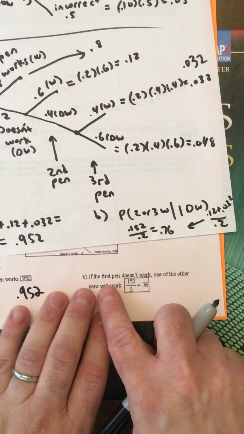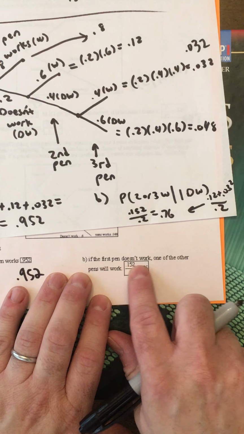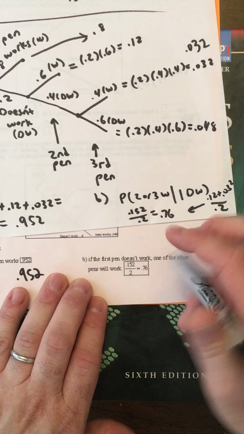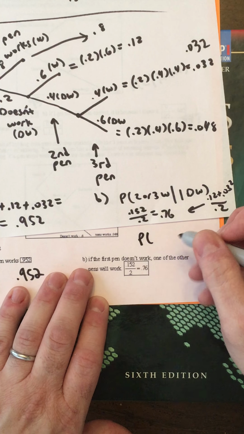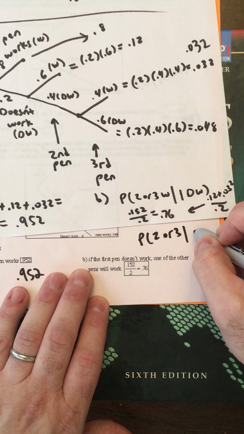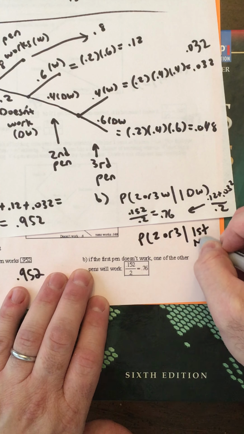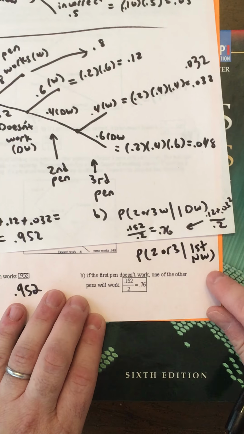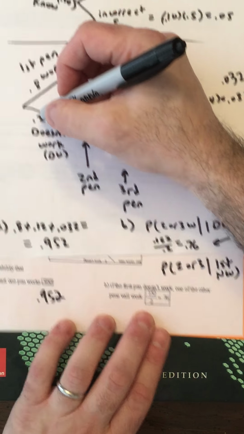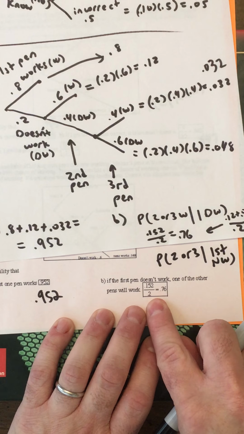Okay, part B, if the first pen doesn't work, one of the other pens will work. In other words, what's the probability that the second or third pen work, given that the first doesn't? I'll just put NW for not working. All right, so the denominator is going to be the first pen doesn't work, which is the 0.2, that's going to be in the bottom.